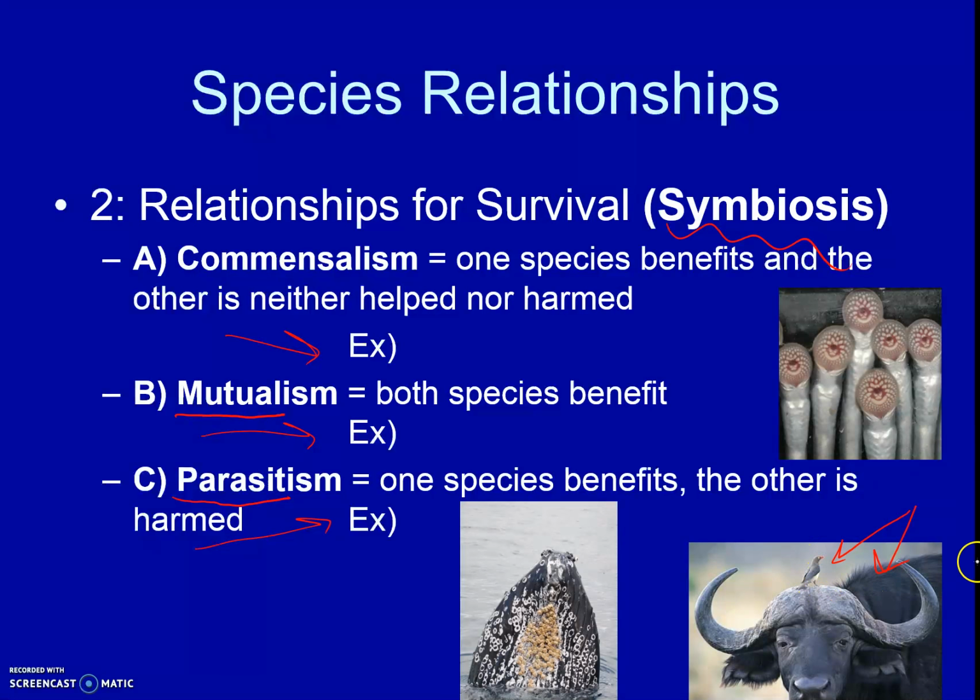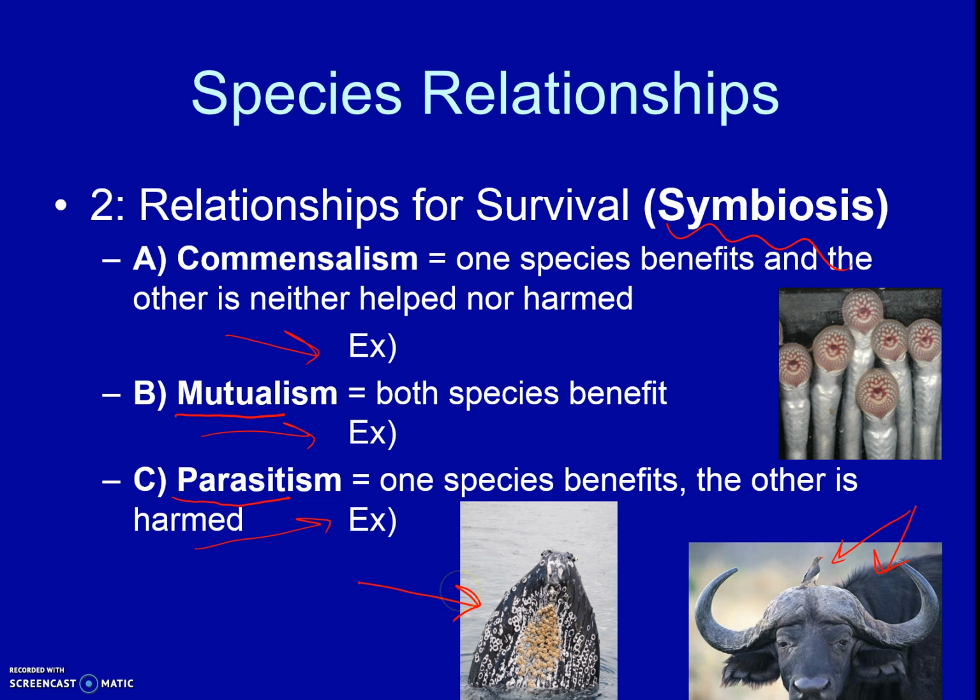The bird picks off little bugs from all over the buffalo and eats them. So that's what the buffalo benefits from. And then the bird gets protection from the water buffalo. I mean, I'm not going to mess with something with those big horns. And the bird also gets food. So both organisms are benefiting from this relationship. So what kind of symbiotic relationship would that be? Commensalism, mutualism, or parasitism?